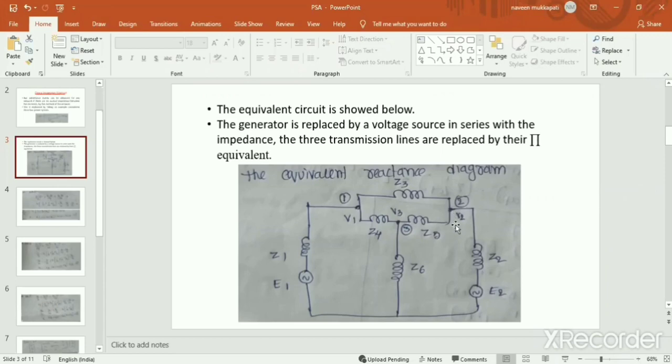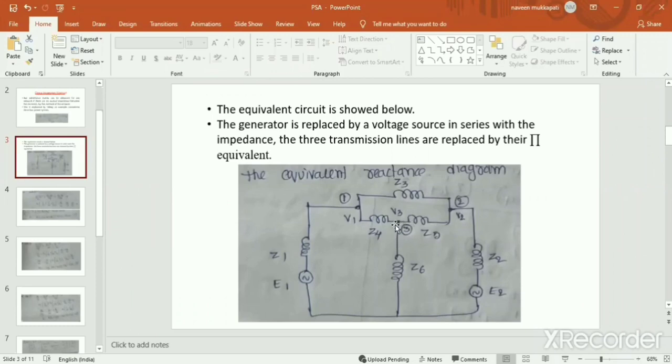That is (V2 minus E2) by Z2 plus (V2 minus V3) by Z5 plus (V2 minus V1) by Z3 is equal to 0. Then simplify that equation and we obtain the I2 equation.